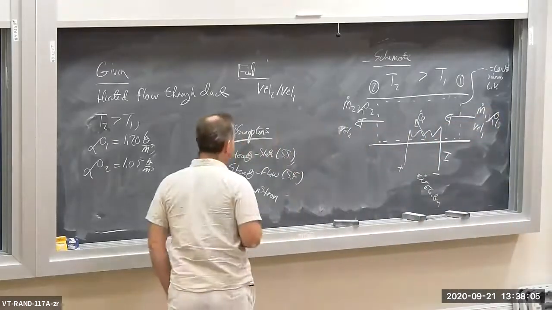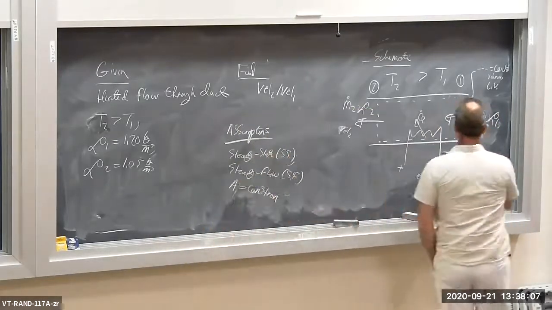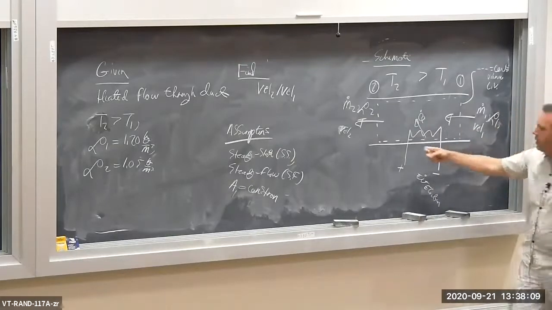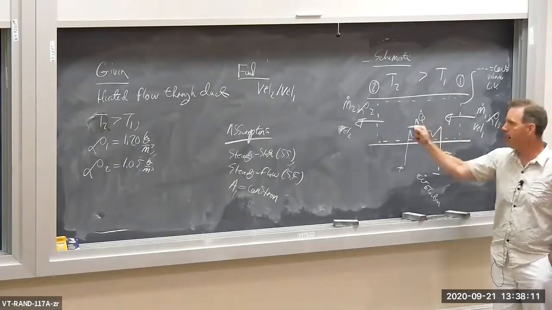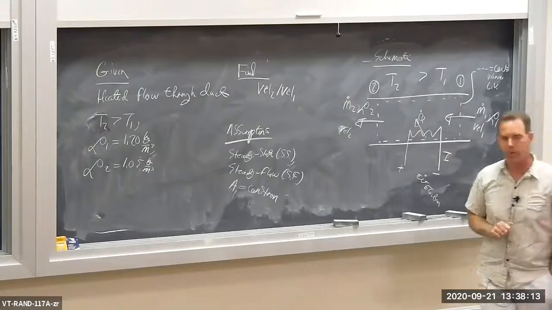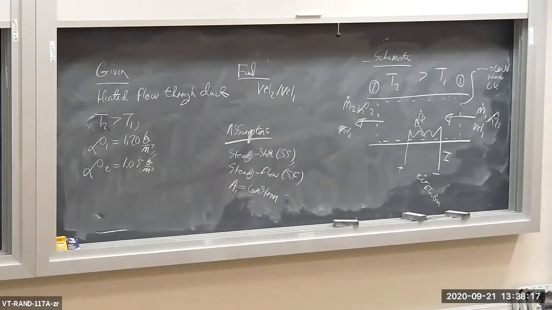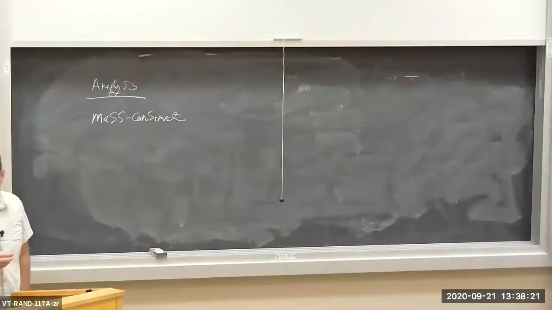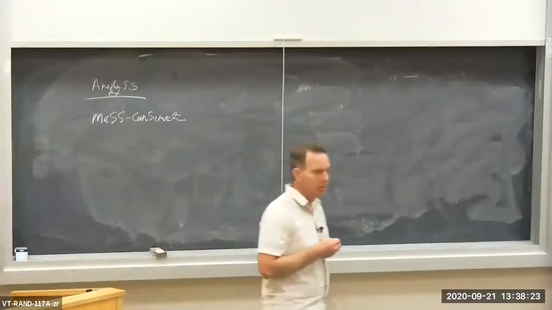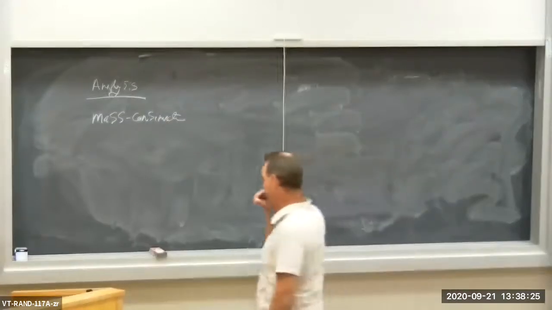It's clearly an open system because we have an inlet at location 1 and an outlet at location 2 in which mass passes across the system boundary. This is not a closed system. This is an open system. So we can apply conservation of mass to this open system and see what we get.